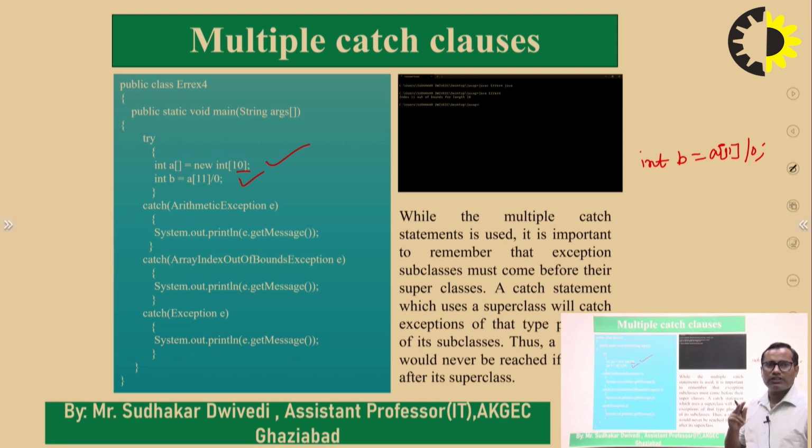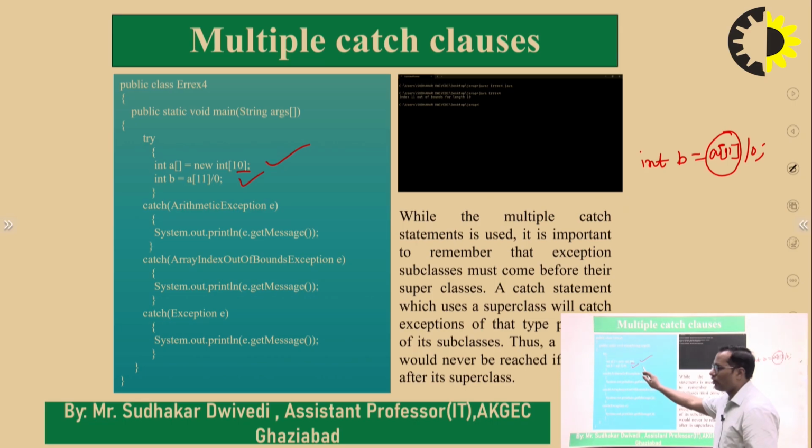So there are two situations that may cause runtime errors or exceptions. First, we are trying to access an element that is out of the bounds of the array. That means there is no A11, because this array contains only 10 elements. So how can we access the 11th one? This may cause an exception. So this is one type of exception.